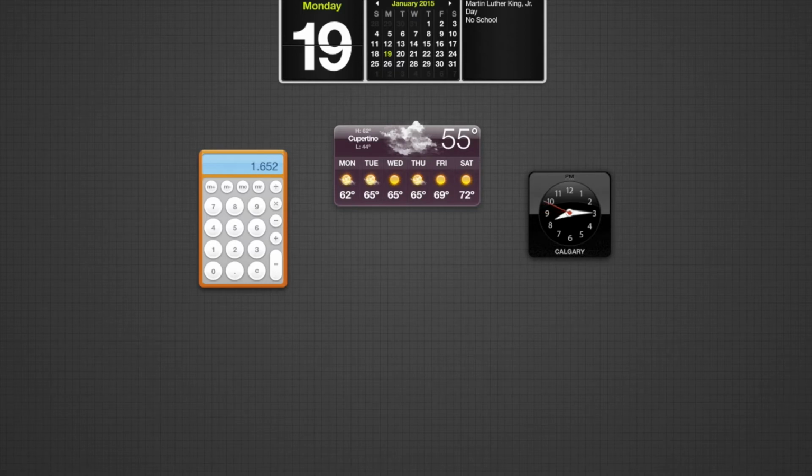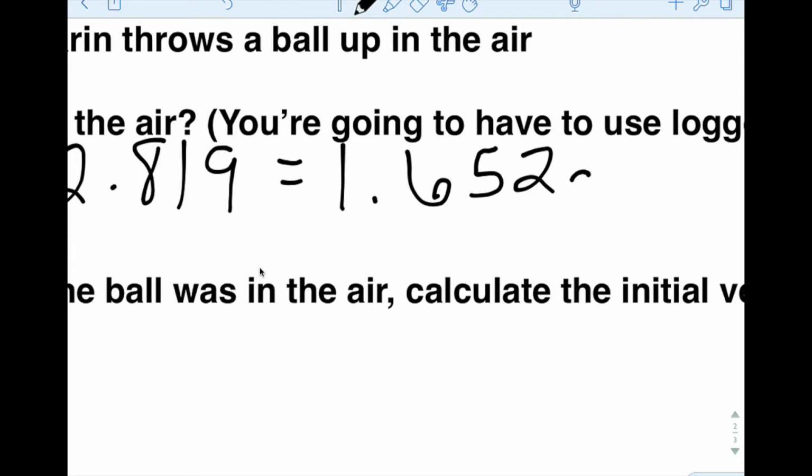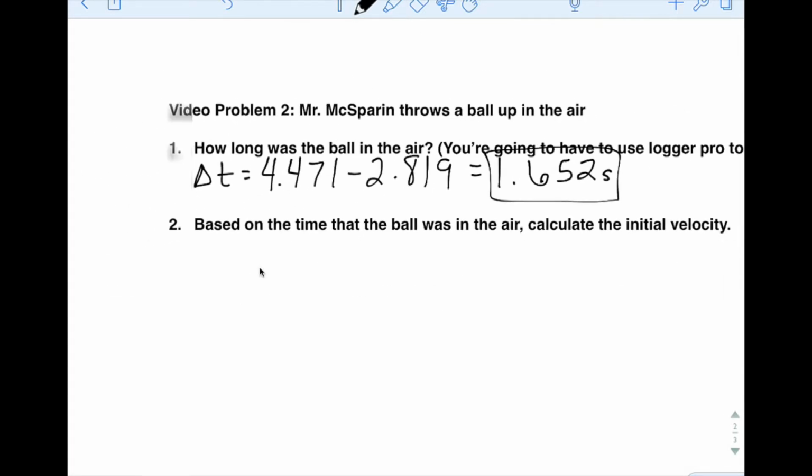That's 1.652 seconds. So that's my delta t, the time that the ball was in the air.